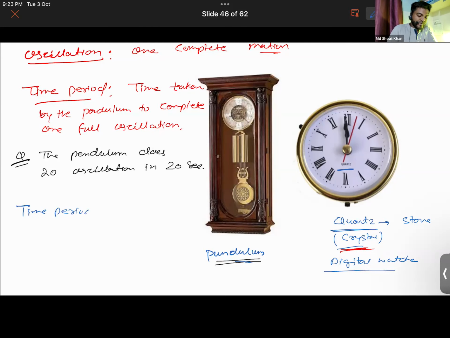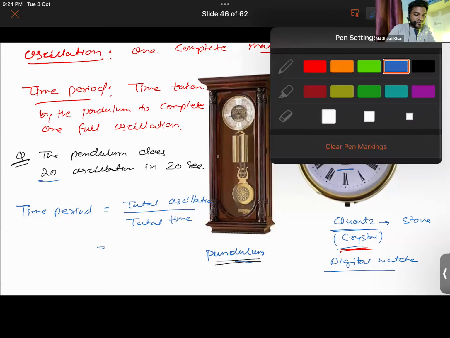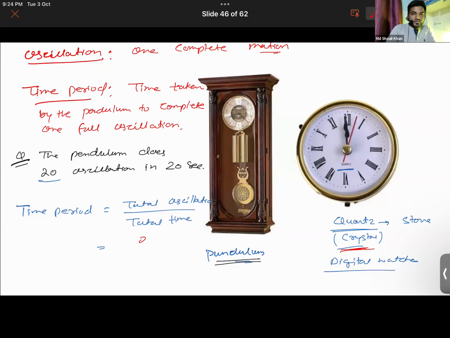Exactly. Time period will be total number of oscillations upon total time taken. So in the question, total number of oscillations is 20, and the total time taken is 20 seconds.